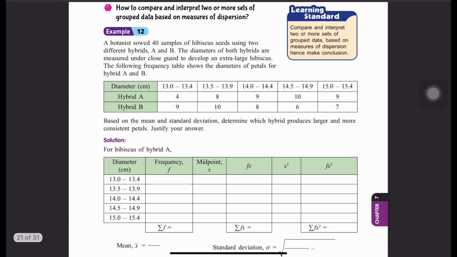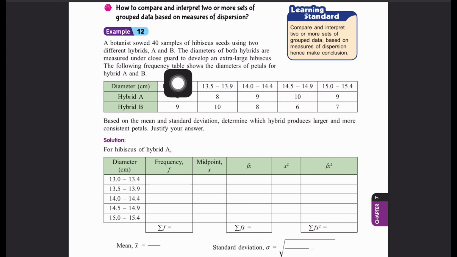Okay, so tengok example 12. A botanist sowed 40 samples of hibiscus seeds using two different hybrids, A and B. The diameter of both hybrids are measured under close guard to develop an extra large hibiscus.